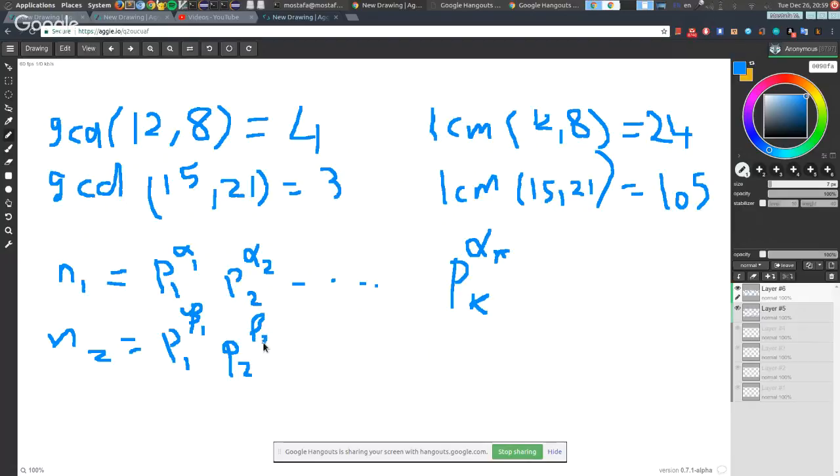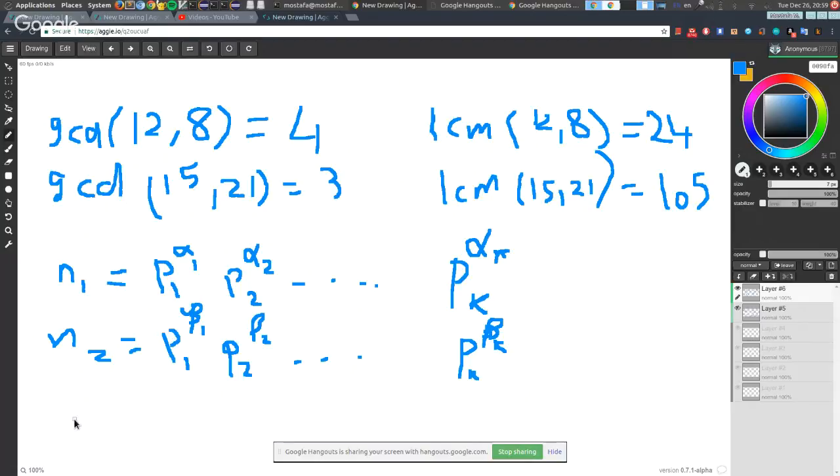And this is beta 2 and so on, up to this beta k. So the GCD would be the minimum of the powers, and the LCM would be the maximum.